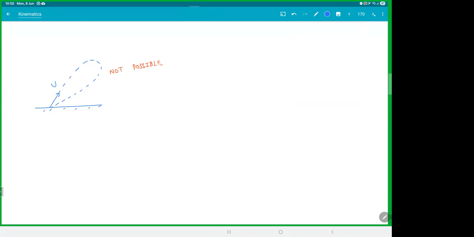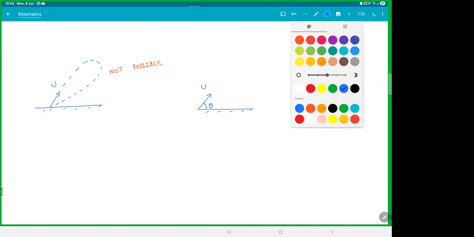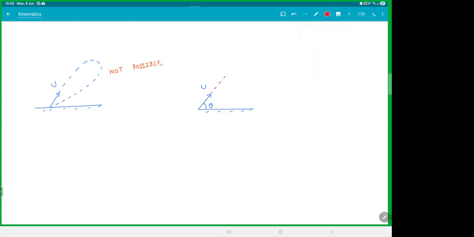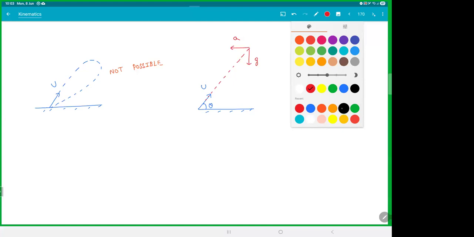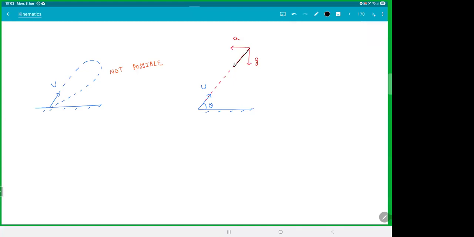So if you just want to find the acceleration for a straight line, there's a much easier way to do it. Look at this logic. When you're projecting with U and theta, the particle comes back to the same point if your acceleration is opposite to it. So if this is acceleration and if this is gravity, the resultant of these two accelerations will be your net acceleration.